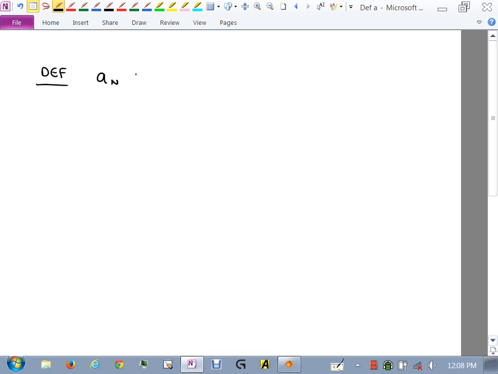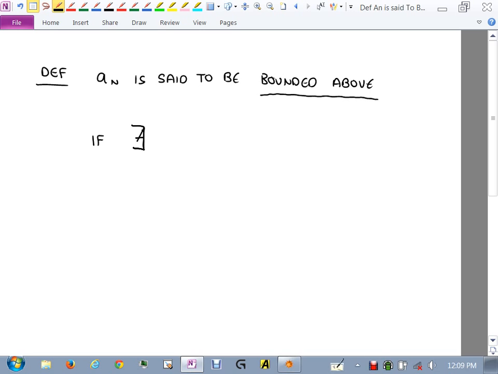A sub n is said to be bounded above if there exists, capital E backwards means there exists, a capital M, a number, such that, ST means such that, okay?